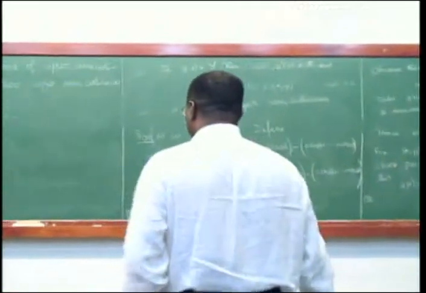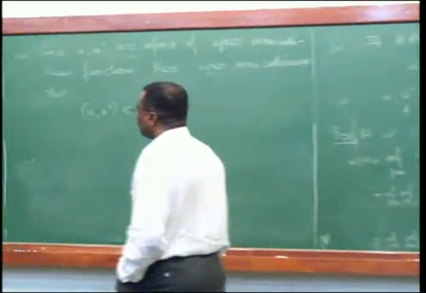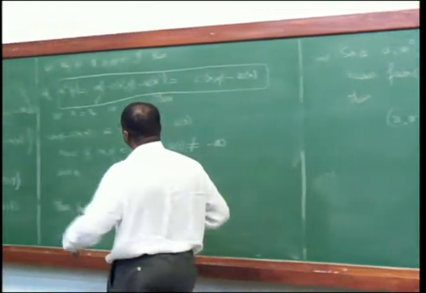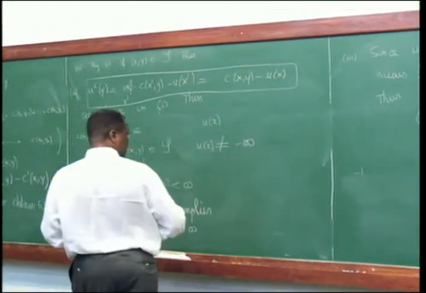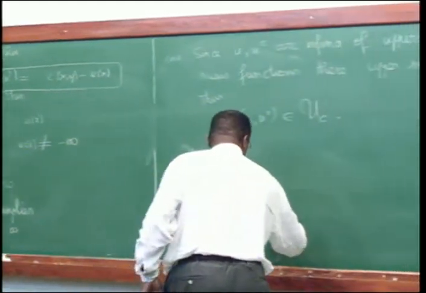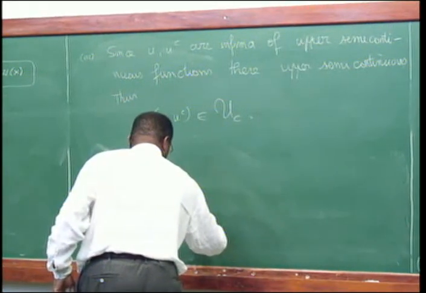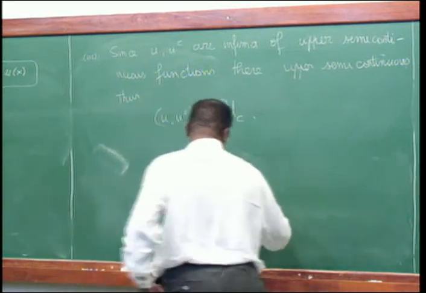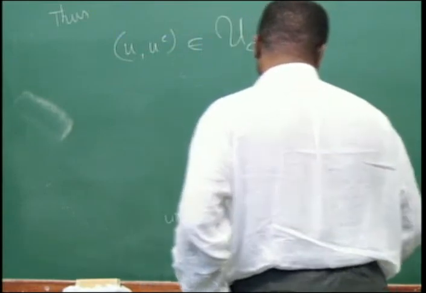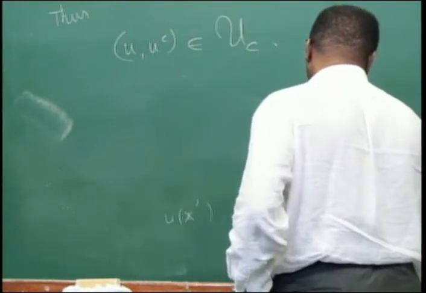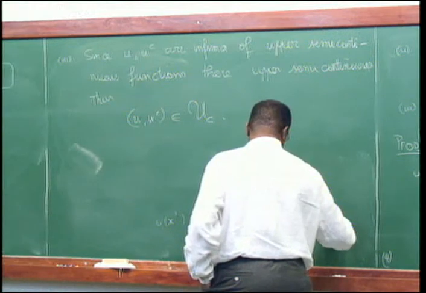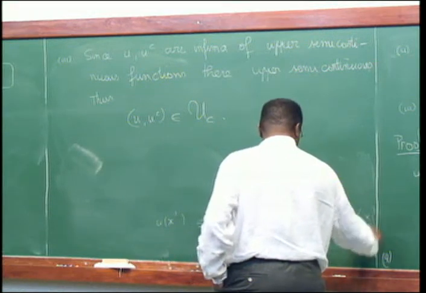And you can see the definition of subdifferential is u of s prime is less than u of x plus minus c of xy plus c of s prime y for every s prime.